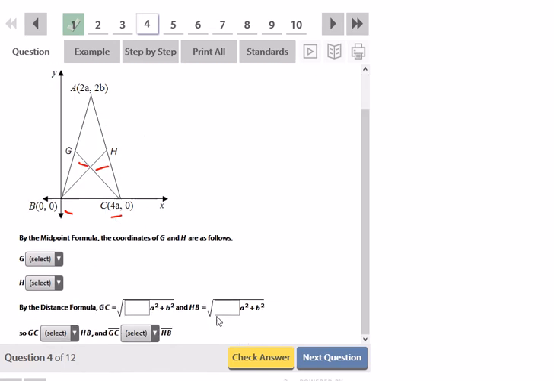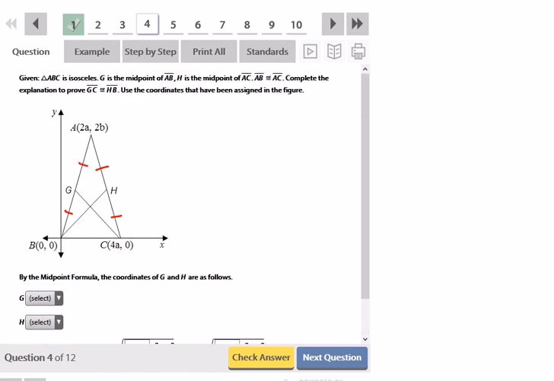So let's prove that. By midpoint formula, G is in the middle of A and B. So if I were to say 2A plus 0 divided by 2, and 2B plus 0 divided by 2, that's just 2A divided by 2, which is A, and 2B divided by 2, which is B. So G is going to be at AB.